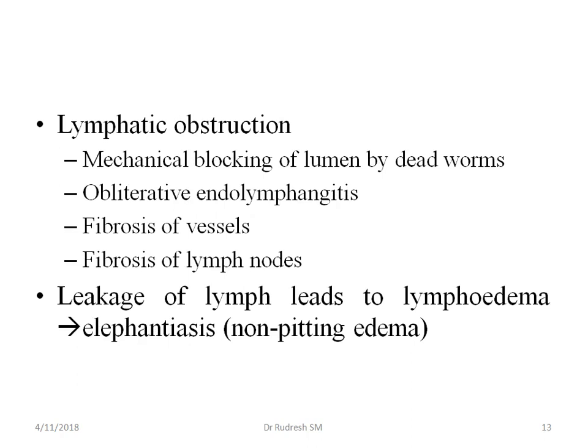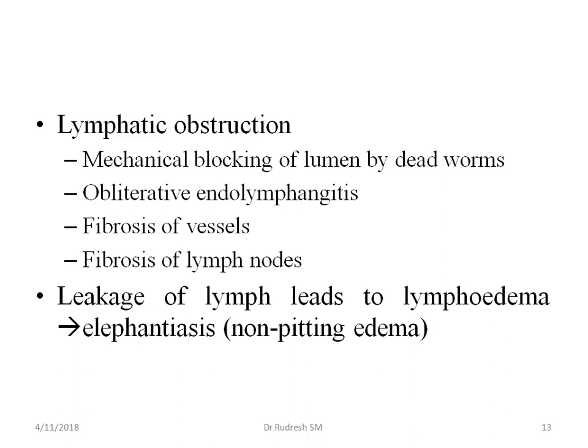The consequence of this lymphangitis and lymph node fibrosis, and the associated features like mechanical blocking by the dead worm, obliterative endolymphangitis, or fibrosis of the vessels, lead to lymphatic obstruction. As we know, lymph has to be drained so that the tissue can maintain its normal structure.